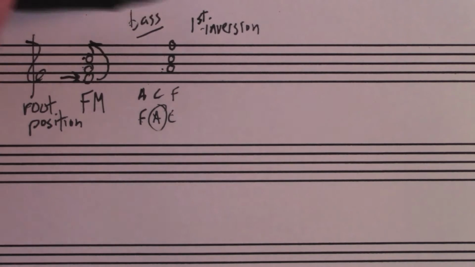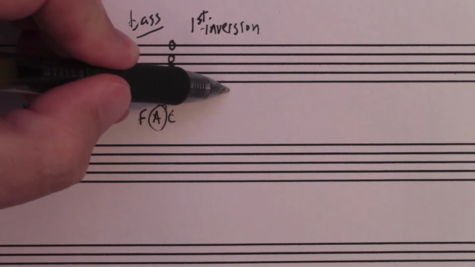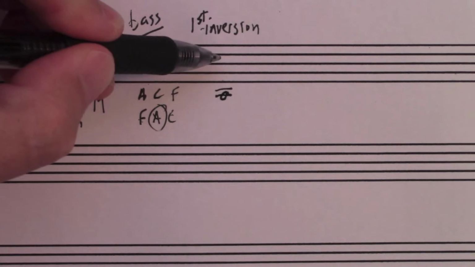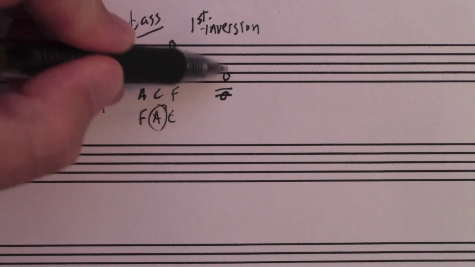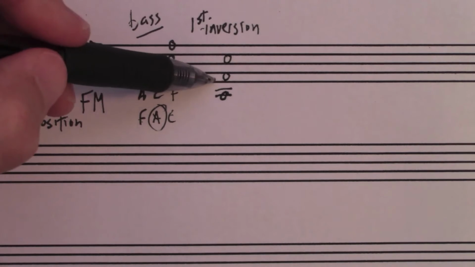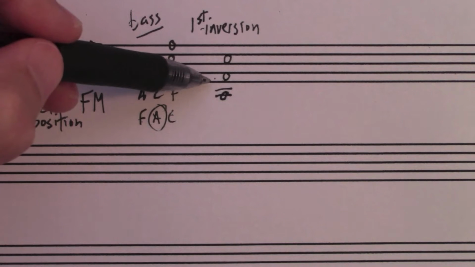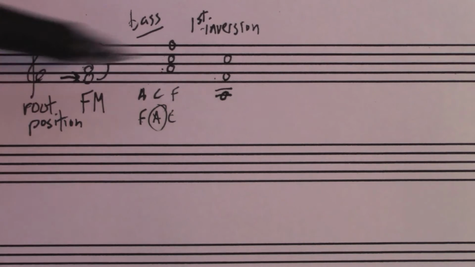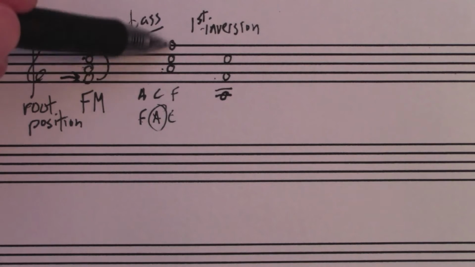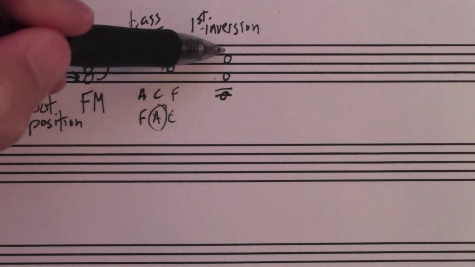Now, watch out, because this can get a little tricky. There's that. Let's do this, and let's do that. This is also a first inversion F major triad. Doesn't look like this, but what letters do we have?